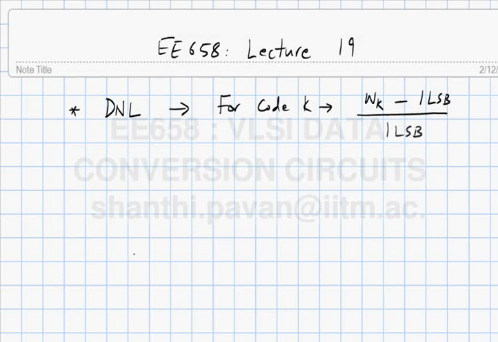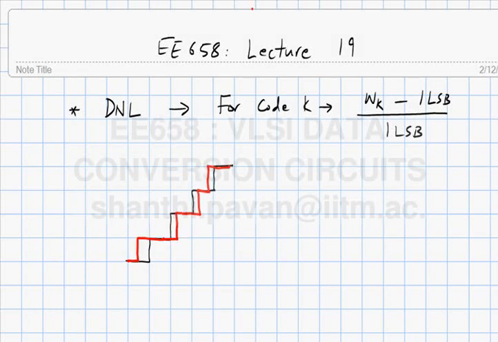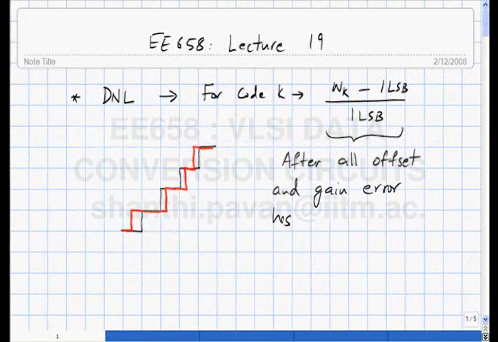For example, if this was the ideal step, a real converter could look like this. The important thing to note is that the width of the code has to be computed after all offset and gain error has been removed.